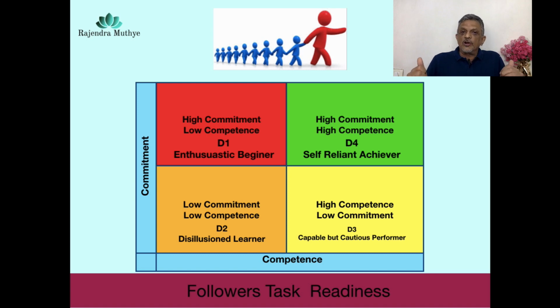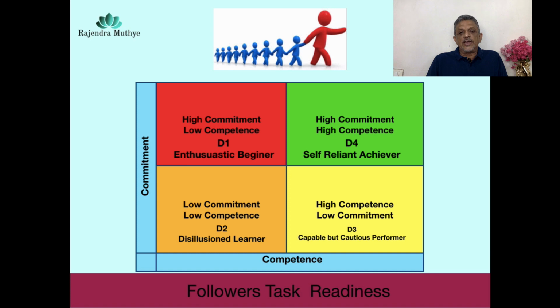Over a period of time, your competence started growing, you started training yourself, you started getting that confidence, but the commitment level was still low. Okay, so here you became a cautious performer. You weren't really willing to take that risk of a self-reliant achiever, which is the D4 quadrant, where the person's commitment was high and the competence level was very high.